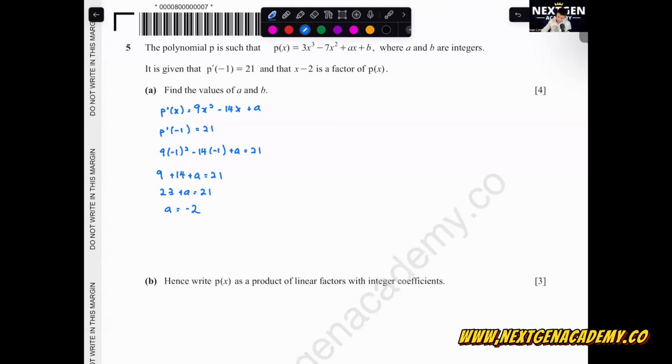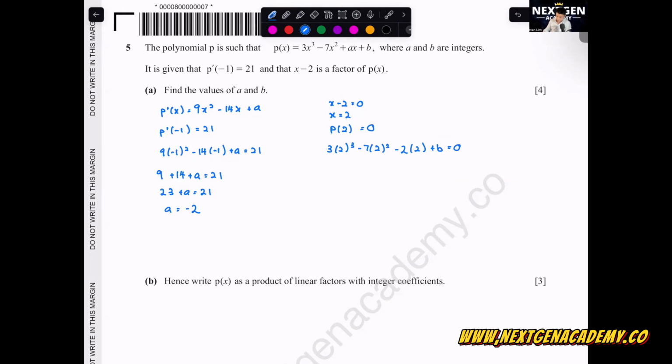Okay, then the next one, x minus 2 is a factor. If this is a factor, we can substitute x equals 2, p(2) is equal to 0. This is your factor theorem. So we've got 3 times 2 cubed minus 7 times 2 squared, we've got the a already, so minus 2 times 2 plus b is equal to 0.